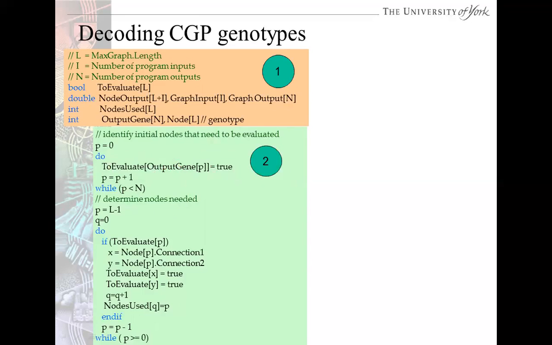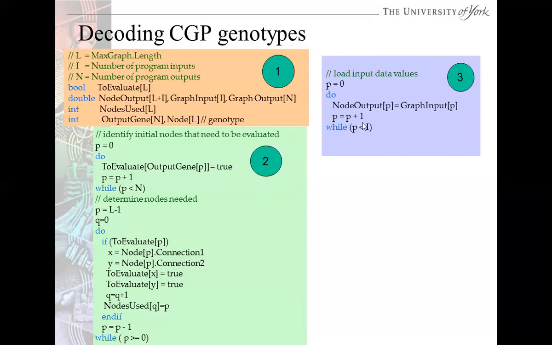Once you've done that, you can then go through the to evaluate array, working backwards and working out what other nodes you should evaluate. And as you do that, you set the to evaluate Boolean array to be true, telling you where to go next. And while you do that, you can record which nodes are actually used along the way.